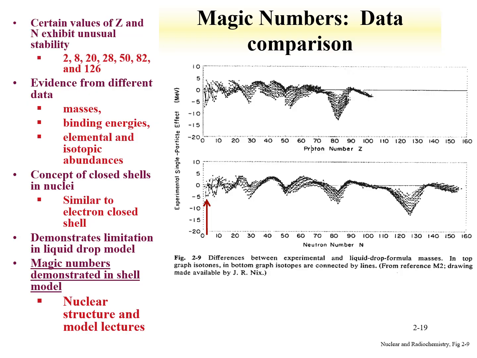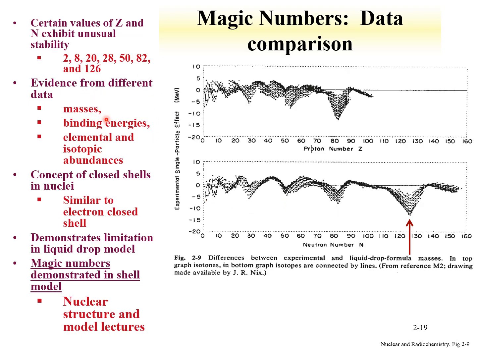And if you look at this, there's some trends. We see that at 2, 8, 20, 28, 50, 82, and 126 for both the neutrons and the protons, we see these variations. And this is kind of evidence that there's some stability going on at these numbers.